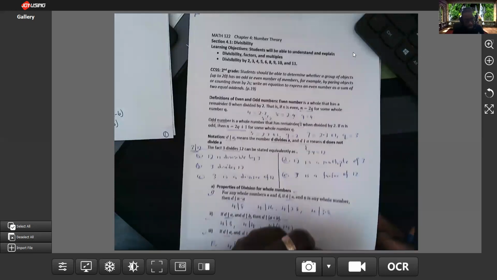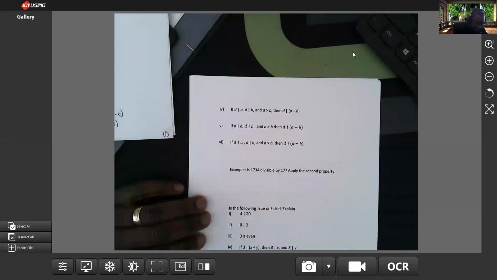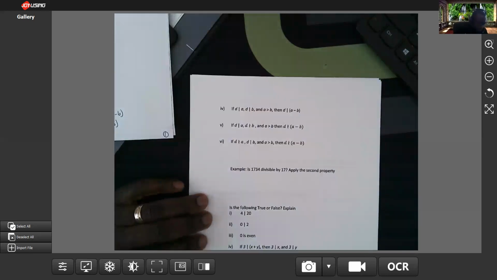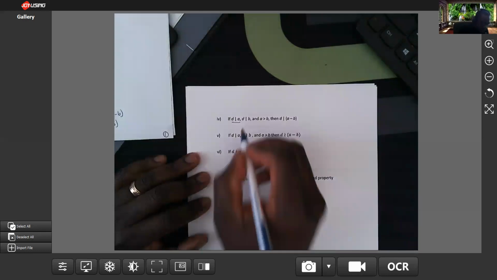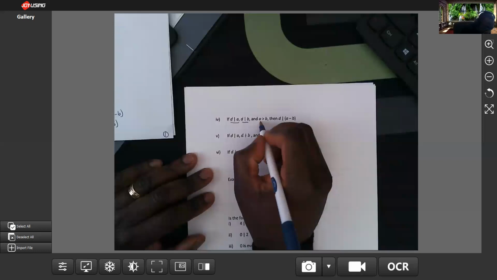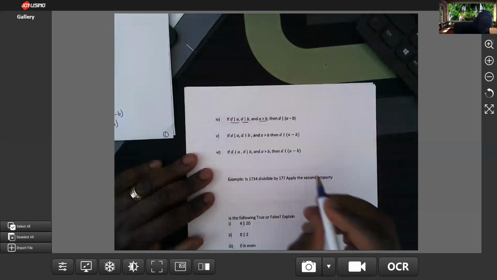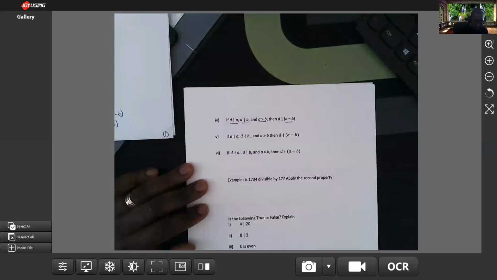All right, now let's continue with the properties. The fourth one is that if d divides a and d divides b, and if a is greater than b, then d will divide the difference between them.